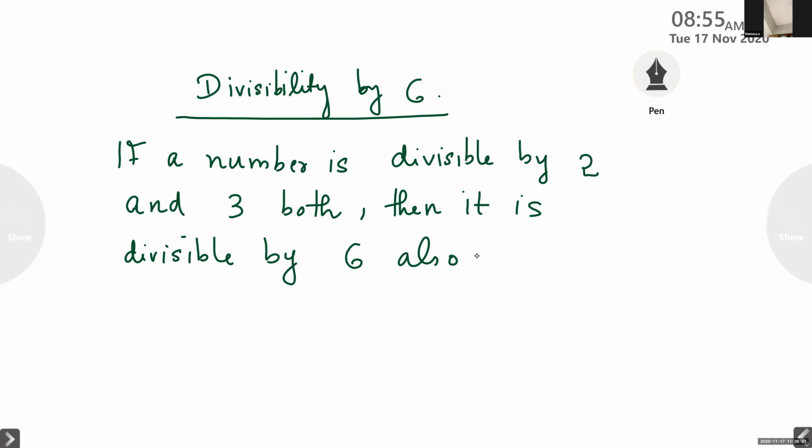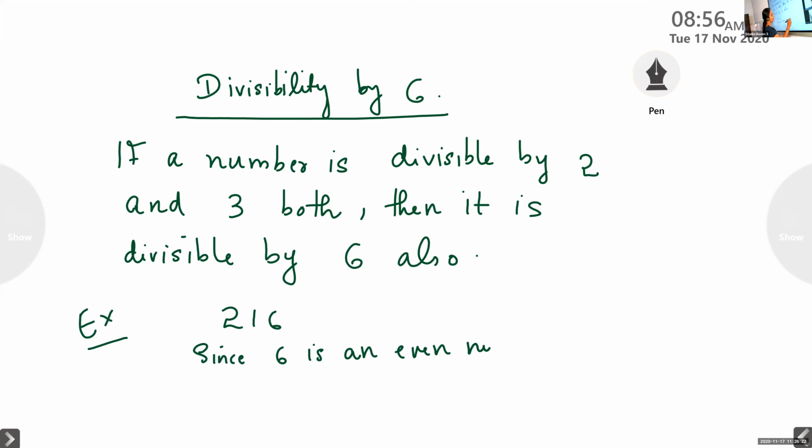I'm finished. Okay, I'll give the example. First, we will write the 216 example. Since 6 is an even number, 216 is divisible by 2.